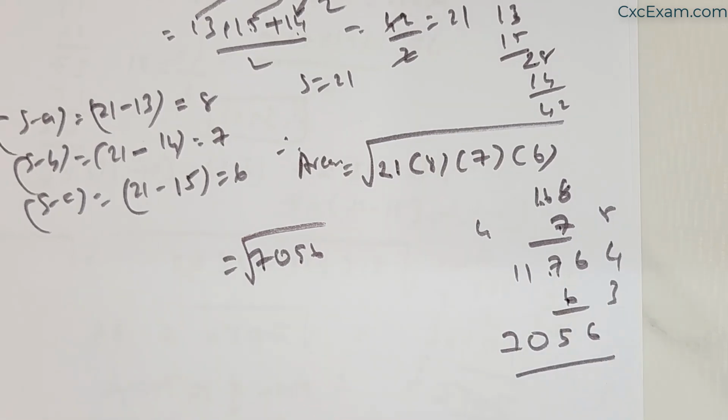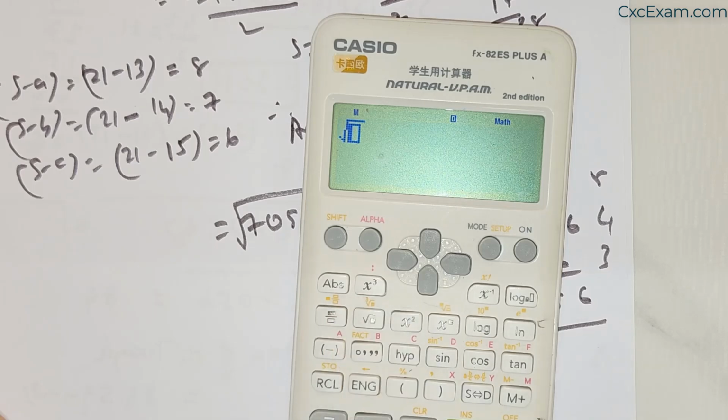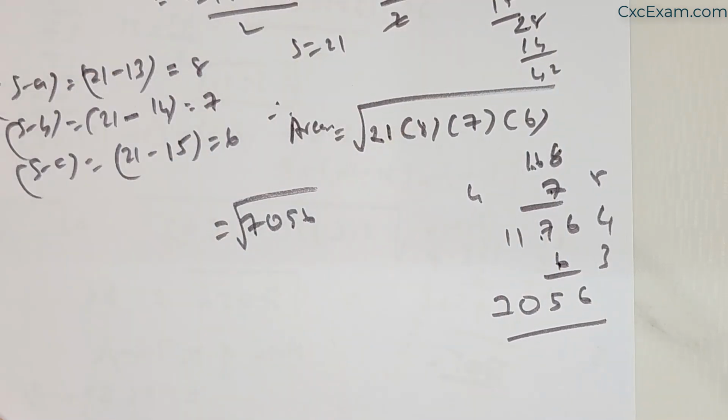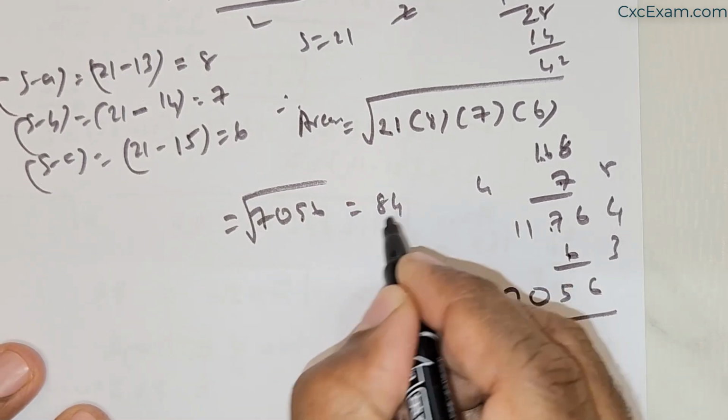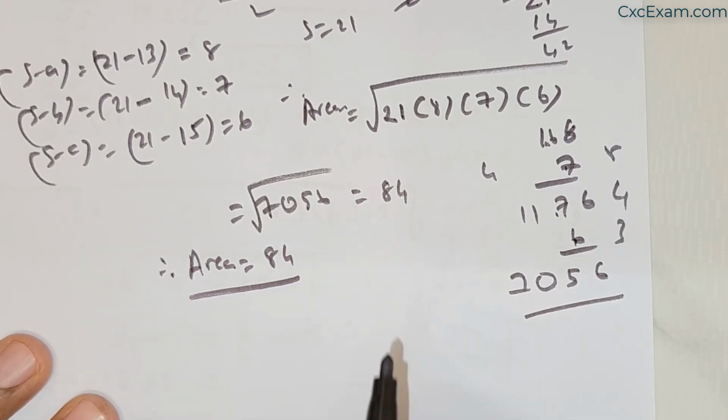Root of 7056, you can use your calculator. So square root of 7056 is 84. Therefore area is equal to 84.